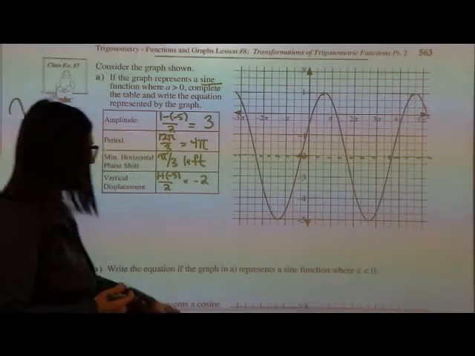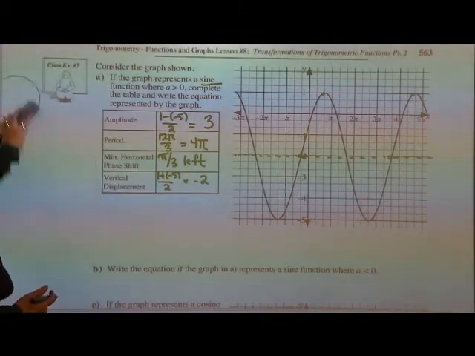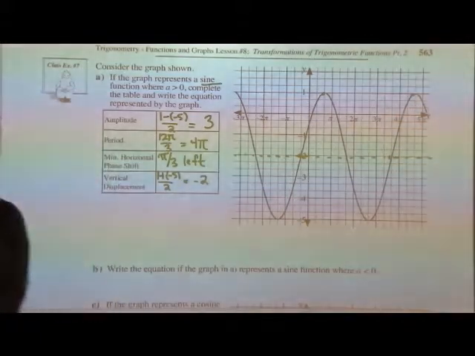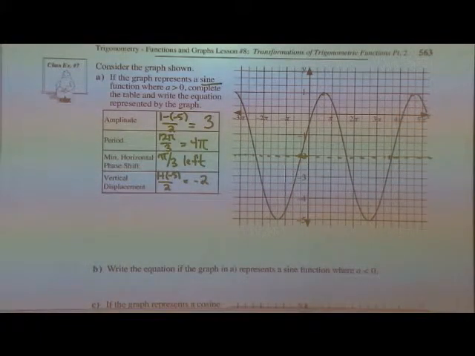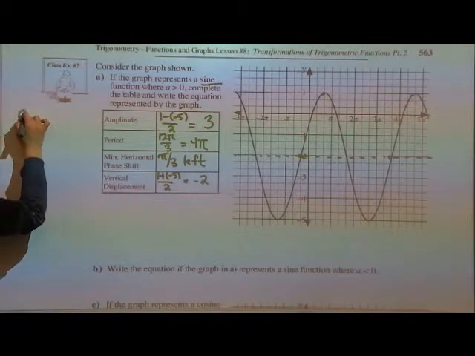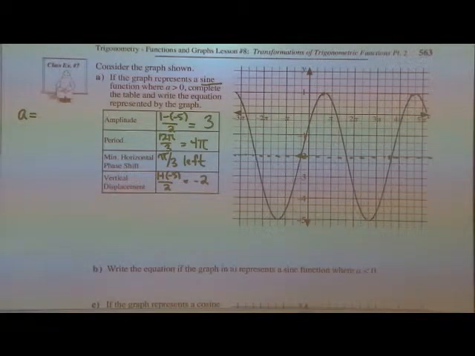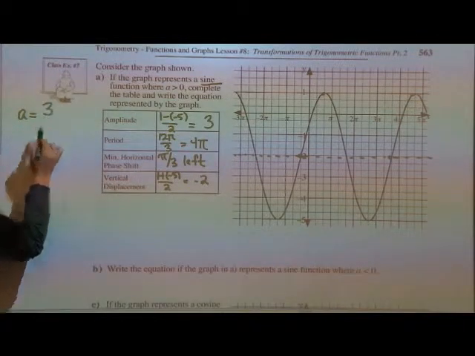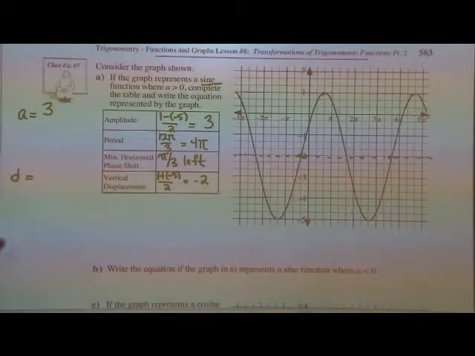And now I want to translate all of these into my A, B, C, D values. So what's A going to be equal to? Okay. I'm going to skip around. What's D going to be equal to? I think I heard somebody say it, but not very loud.